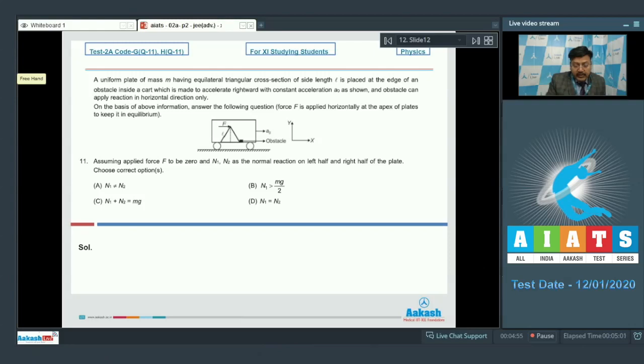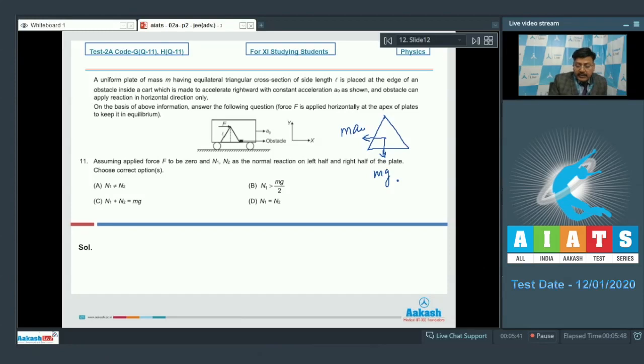Now, if I draw free body diagram of this plate from a reference frame attached to the cart itself, then we have through the center of mass pseudo force ma0 towards left and of course mg vertically downward, and additionally there is normal reaction on the left half which is N1 and on the right half which is N2.